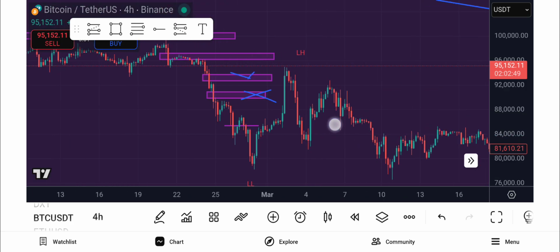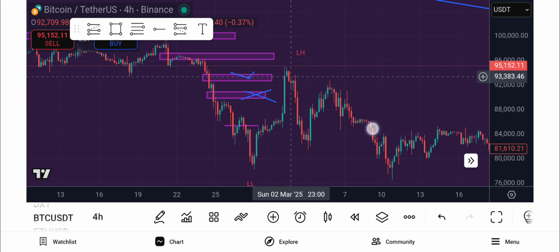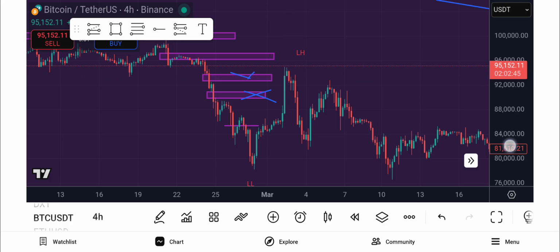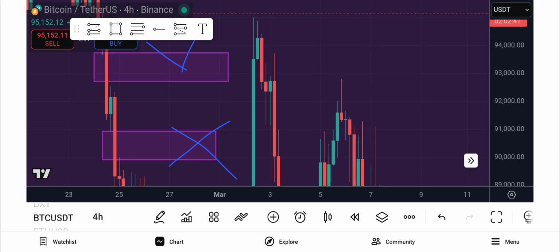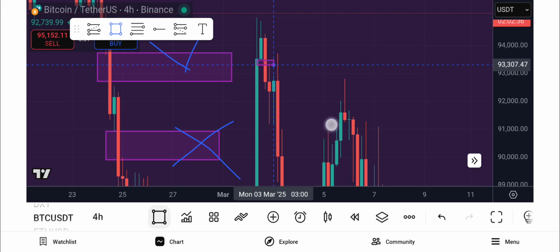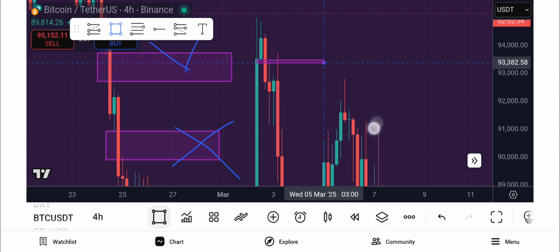Is there any here? There was one here. You can see another fair value gap here. Now would you use that one?